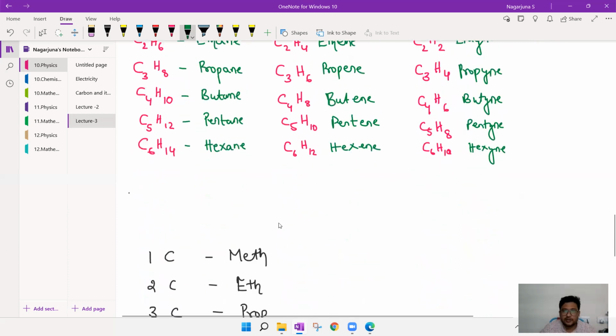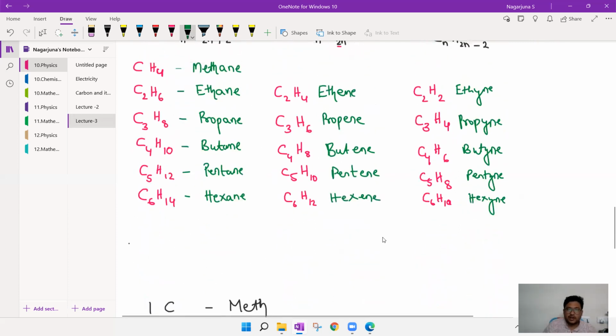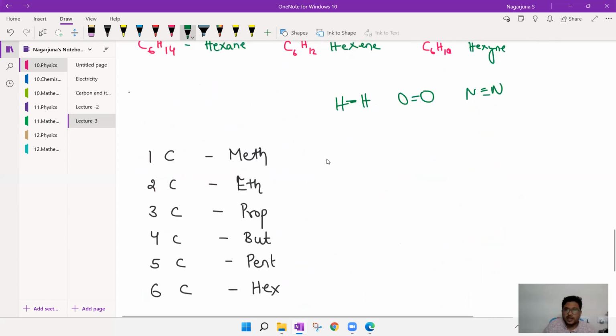If possible, normally I'll tell you why we are going with the hydrogen single bond, oxygen double bond, and nitrogen triple bond. Why can't we go with 4 bonds? You see, in orbits we have orbitals, s orbital, p orbital, d orbital, f orbital. There are shapes for spdf orbitals. In 9th class you have studied spdf orbitals.